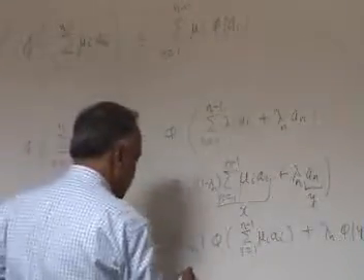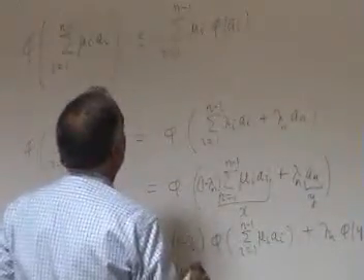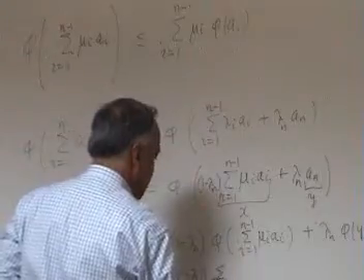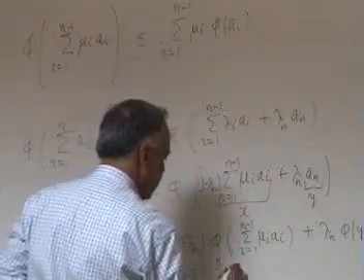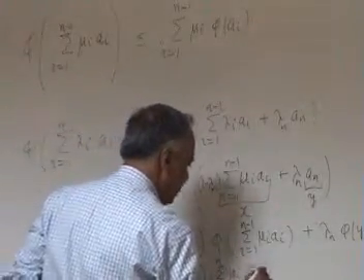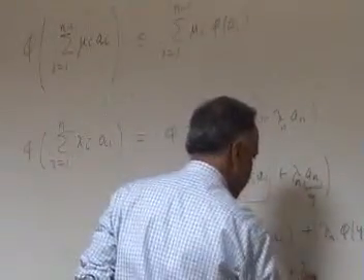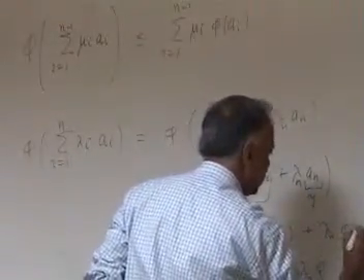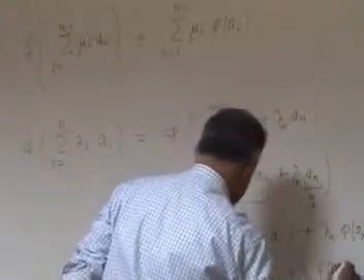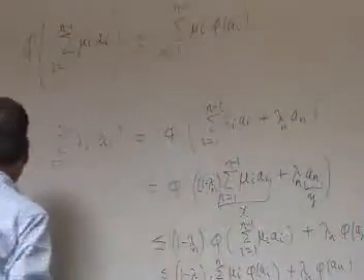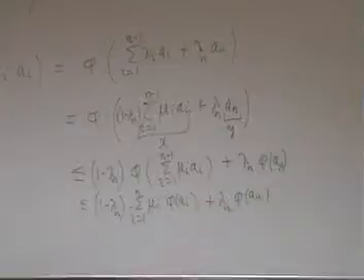This is less than or equal to 1 minus lambda n into the summation i equals 1 to n minus 1 mu i phi a i plus lambda n phi a n. And 1 minus lambda n times mu i is lambda i, back to my lambda i.